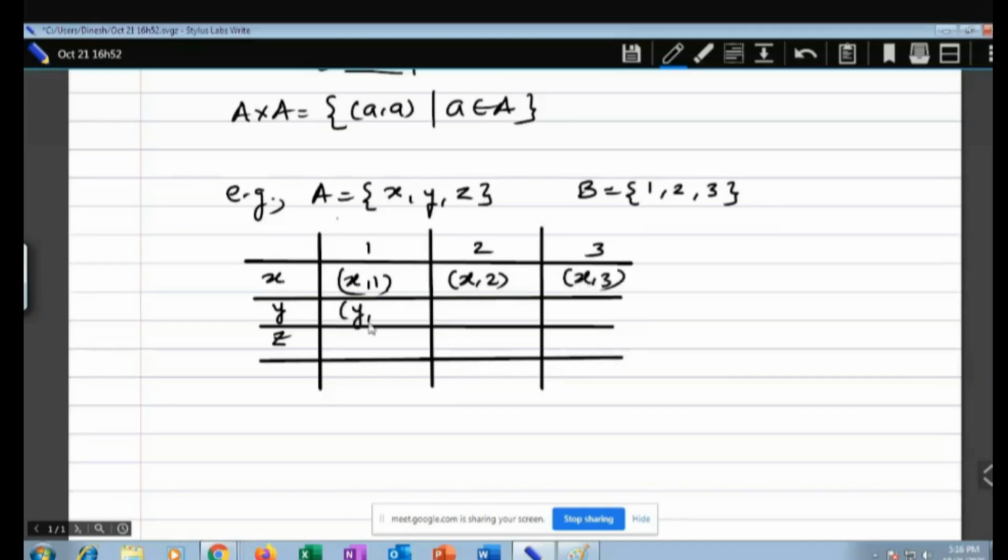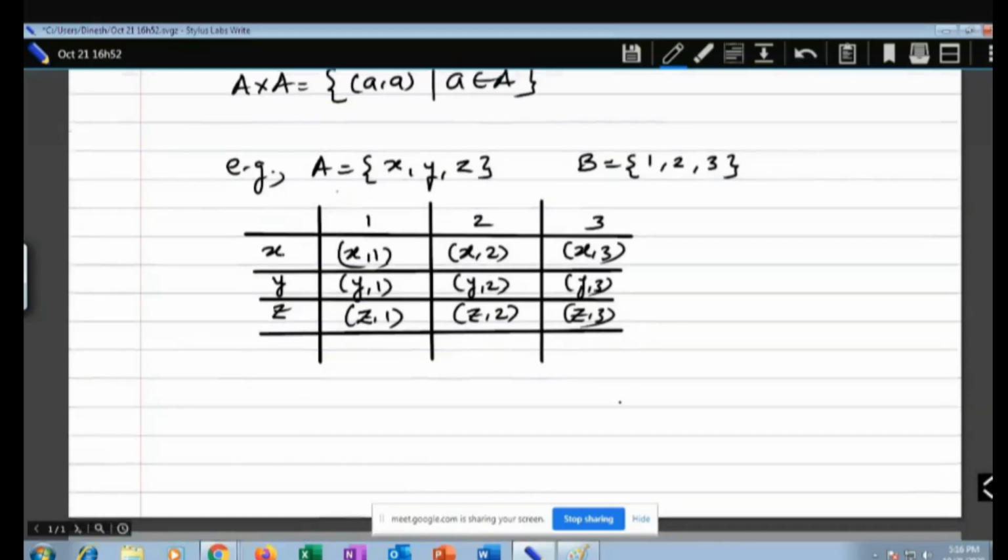Then y comma 1, y comma 2, y comma 3. Then we'll have z comma 1, z comma 2 and z comma 3. So you can use a table technique to create the ordered pairs, and once you have expertise, you can directly create the Cartesian pairs of those sets.